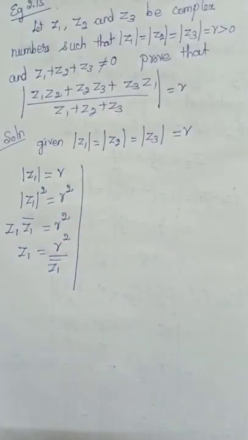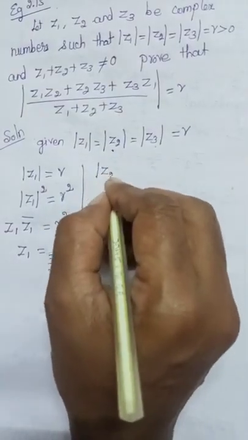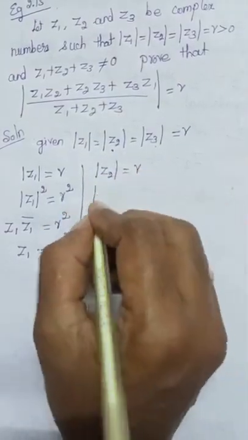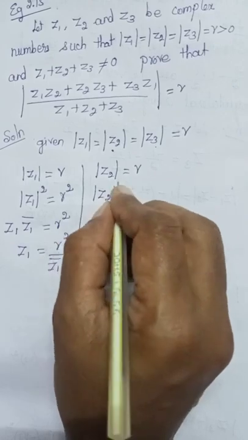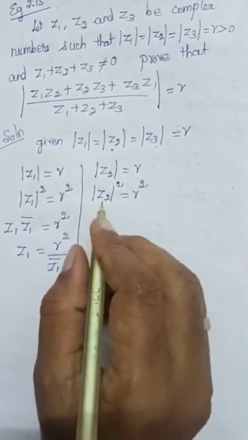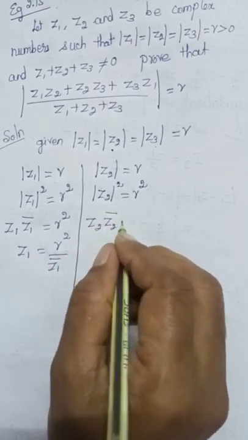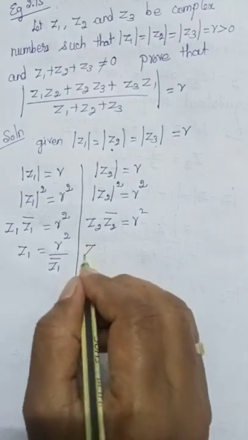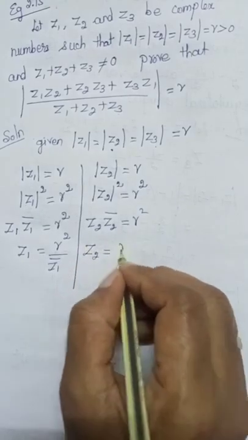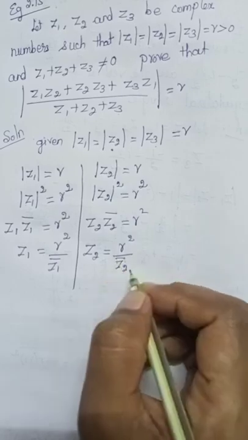Similarly, we have to find out the value of these two. See, modulus Z2 is equal to R, which implies modulus Z2 the whole square is equal to R square. This can be written as Z2 into Z2 bar is equal to R square. So I may get Z2 is equal to R square by Z2 bar.